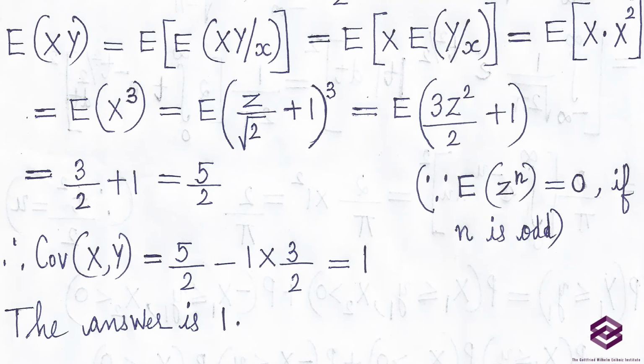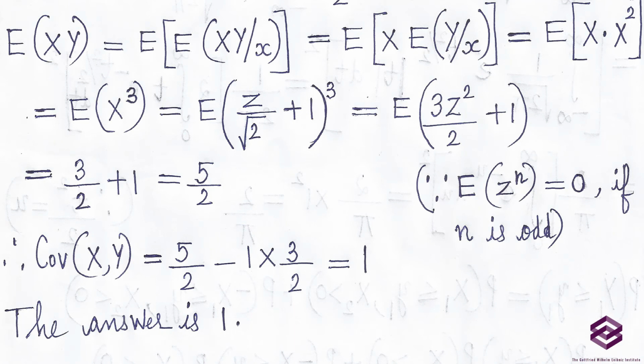So this becomes expectation of X multiplied by expectation of Y given X. We already calculated expectation of Y given X. It is equal to X squared. So expectation of XY turns out to be equal to expectation of X multiplied by X squared, which is equal to expectation of X cubed.